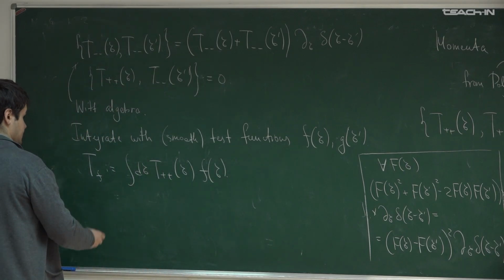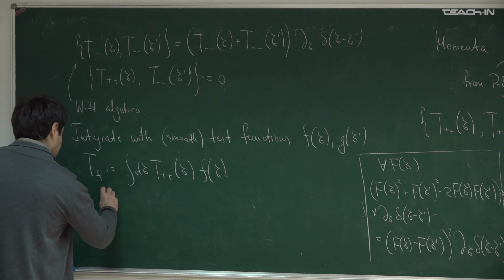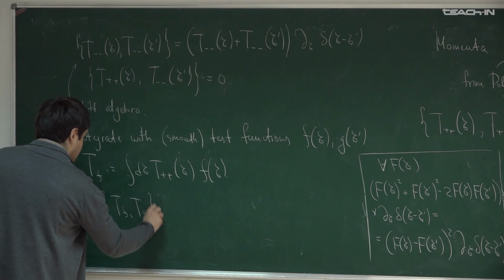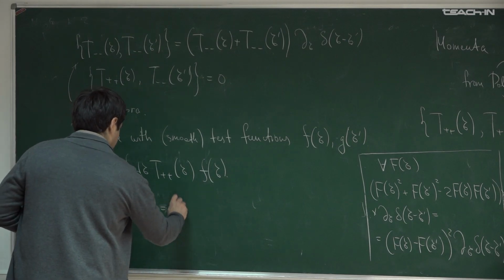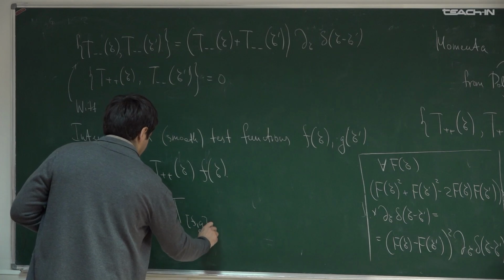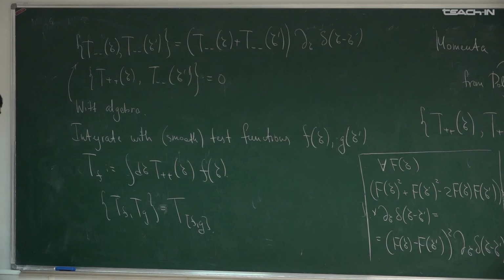Then you get the Poisson bracket of T_f with T_g is T of the commutator of f with g, where by commutator we mean the commutator of vector fields.